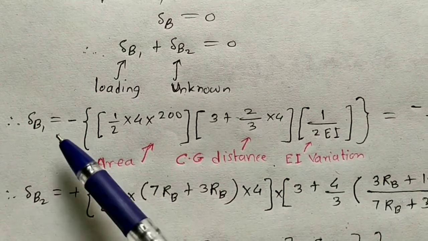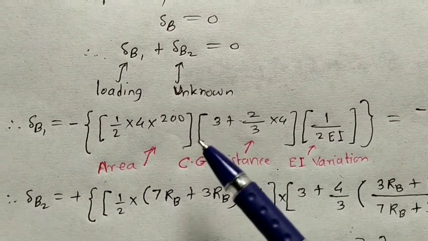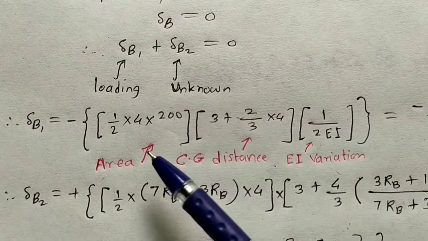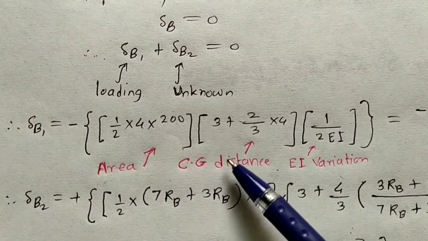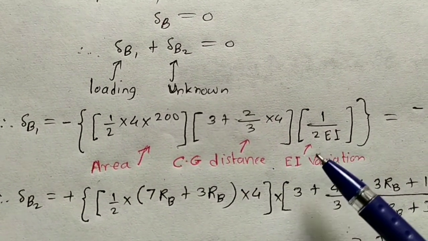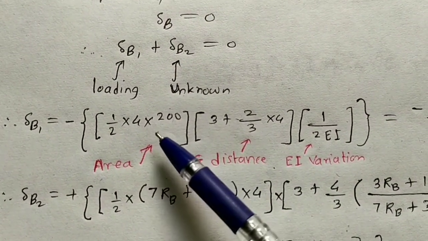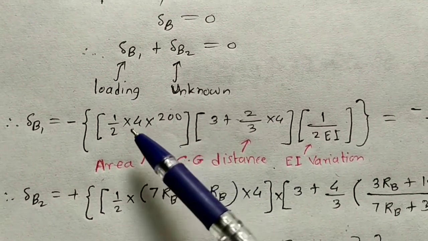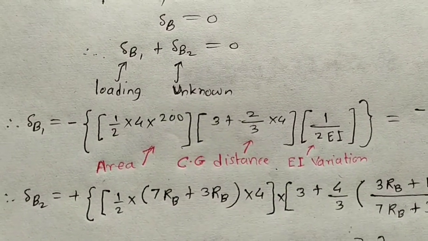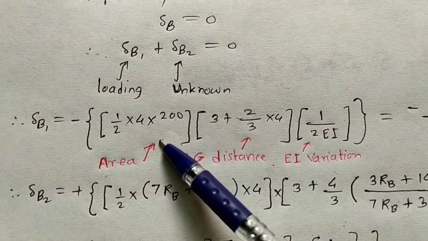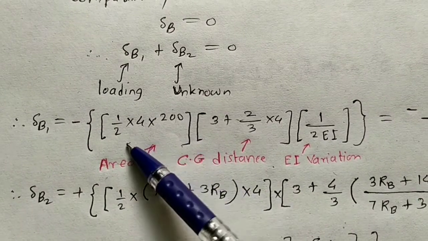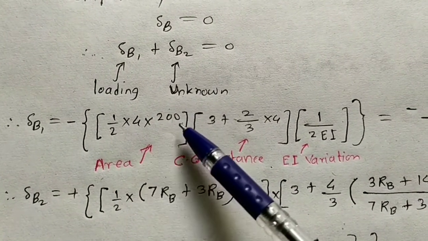Writing down delta B means you have to consider three brackets: first one area, second is centroidal distance, third one is EI variation. This is the area of the M upon EI diagram for loading. Of course we are getting a triangular shape, that's why the area will be half of base into height.